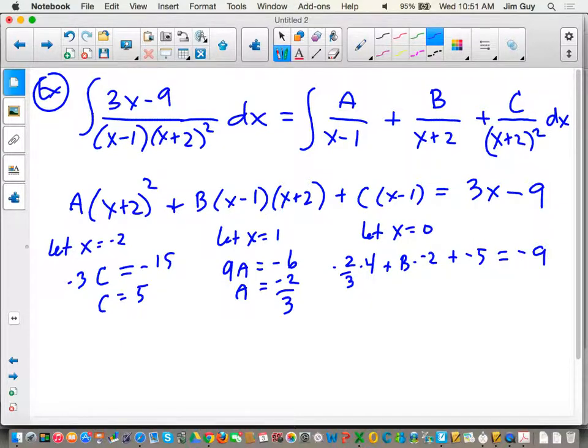Equals negative 9. And you could add that in: this is negative 8/3 plus negative 2B equals, and with the 5, we're going to get 4 there. Keep going, so you'd add 8/3 and divide, and you should end up with B equal to 2/3.